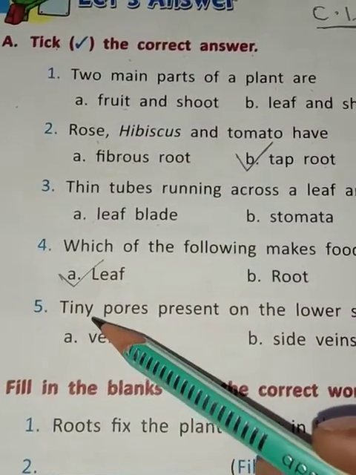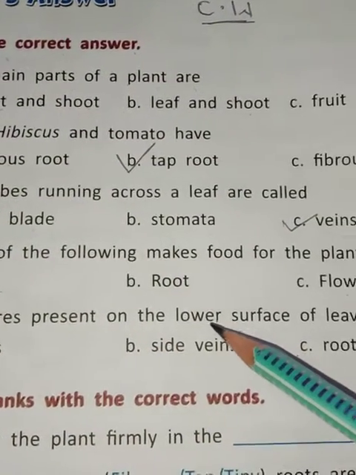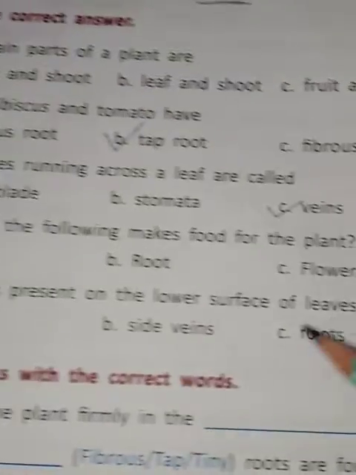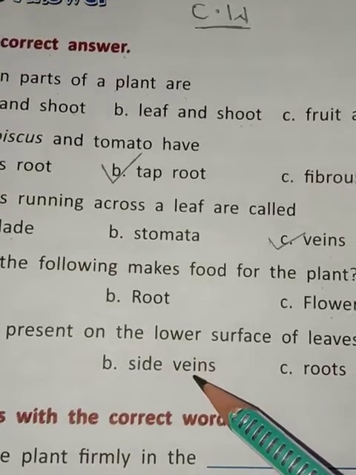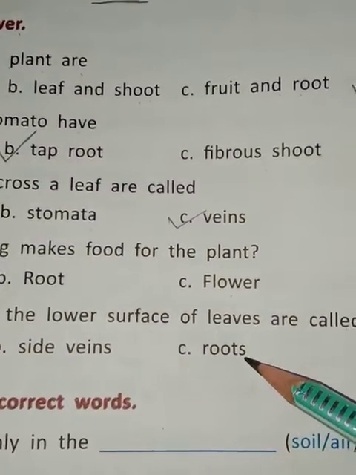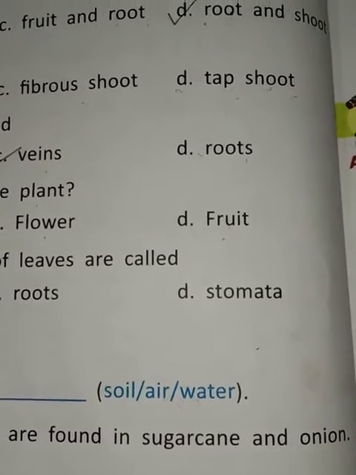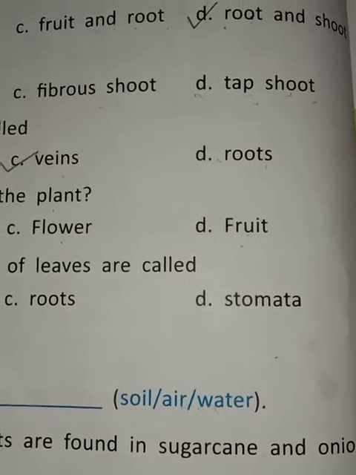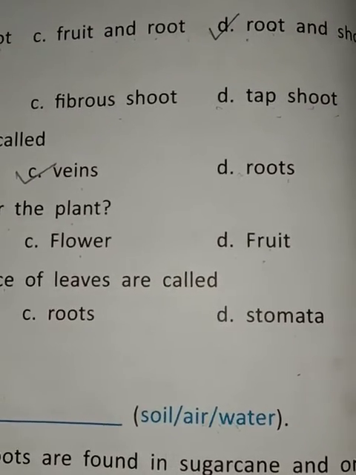Fifth, tiny pores present on the lower surface of leaves are called: option A veins, B side veins, C roots and D stomata. So, student, you know plants breathe through tiny pores present on the leaves.